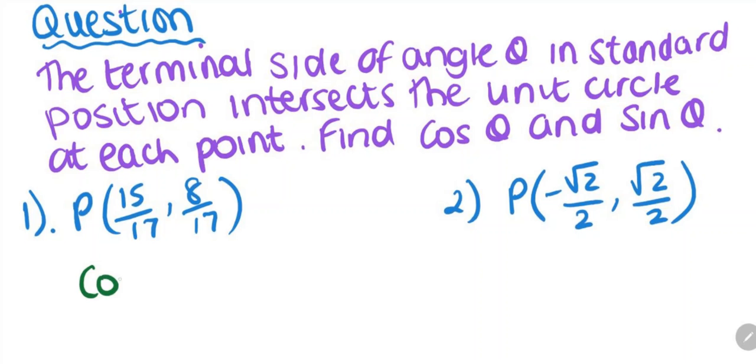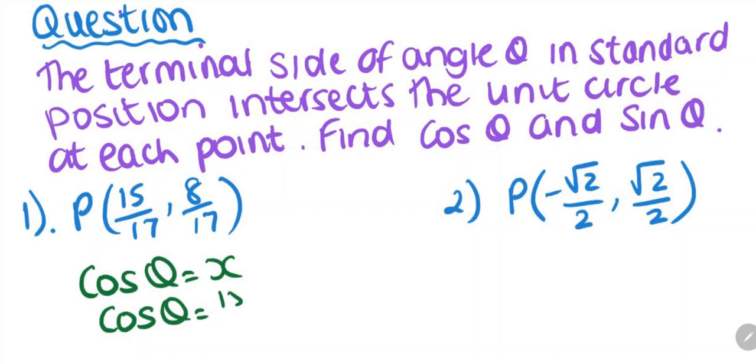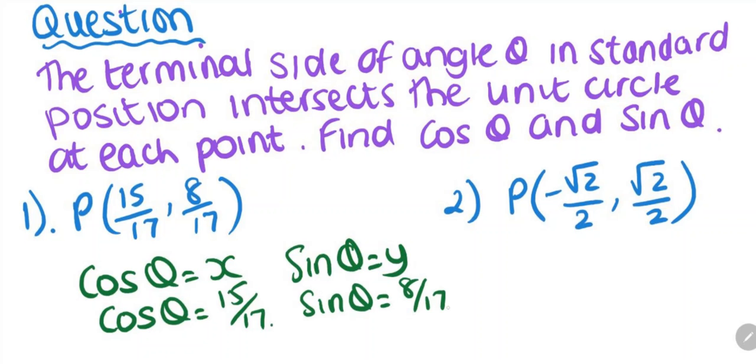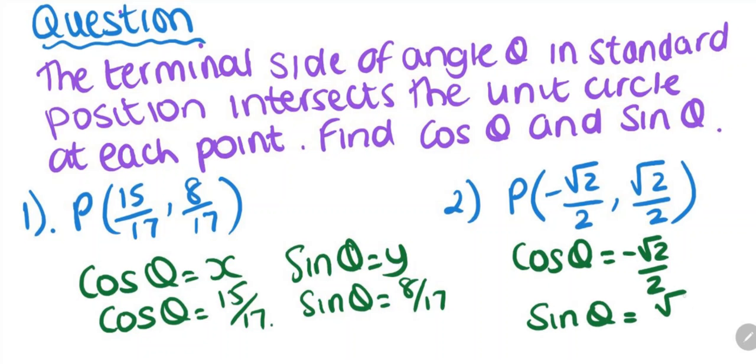The cosine of theta is equal to x, so the cosine of theta is 15 over 17. And the sine of theta is equal to the y value, so sine of theta will be 8 over 17. Question 2. The cosine of theta is equal to minus root 2 over 2. And the sine of theta is positive root 2 over 2.